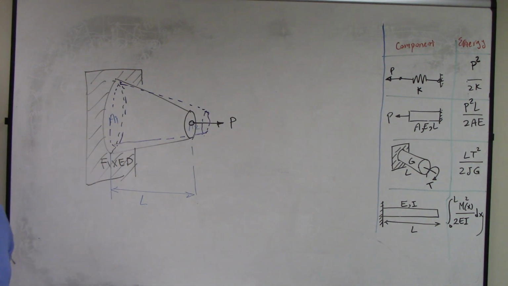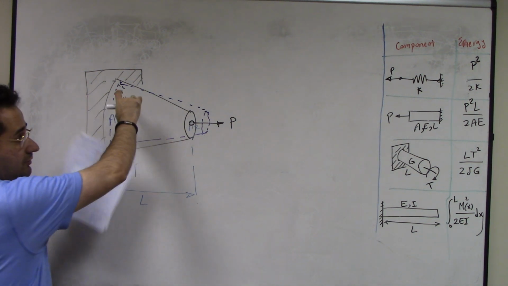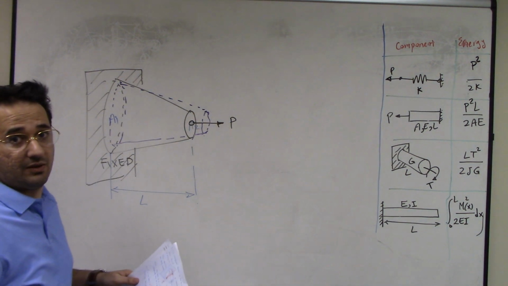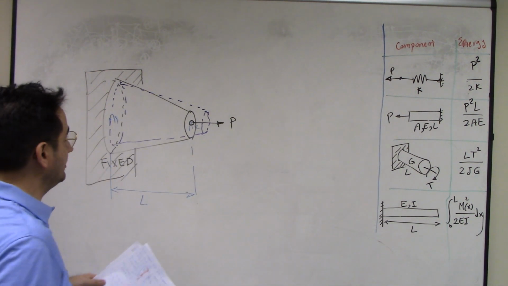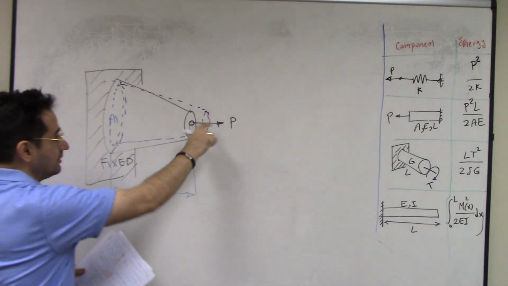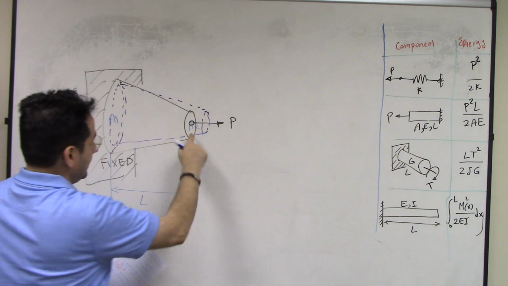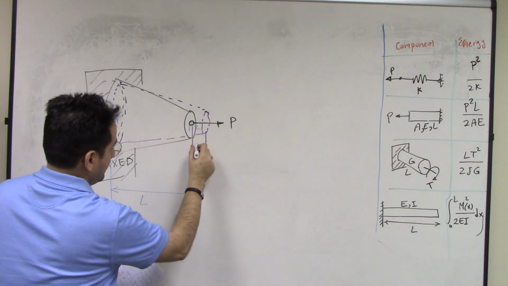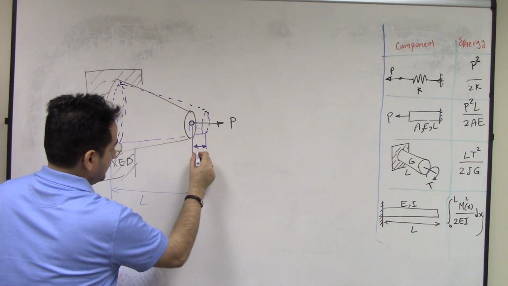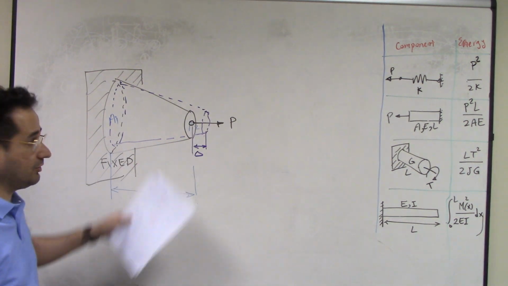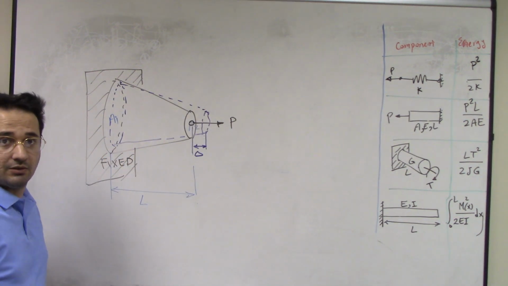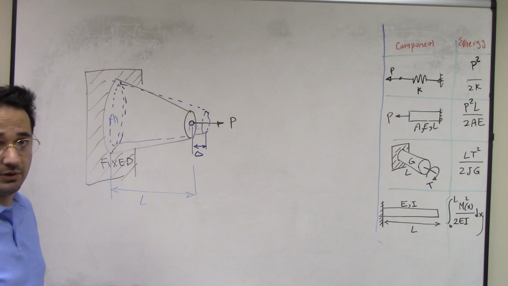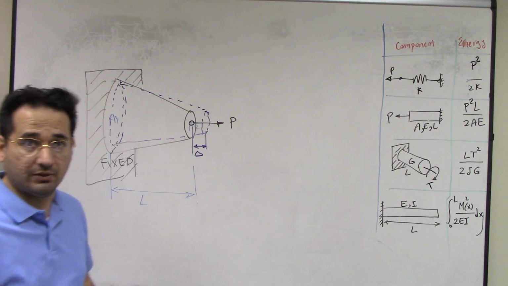It shrinks down and extends because the mass is the same, conservation of mass. So it has to shrink, right? Continuity equation. And then this is delta, the deformation of that point because of force P. So we want to find a relation for that using energy methods.